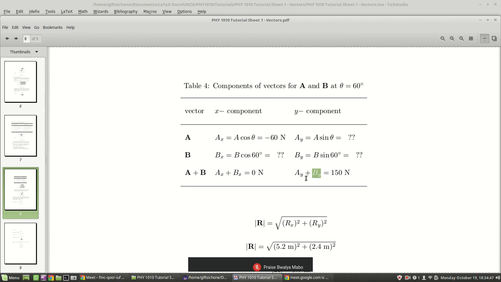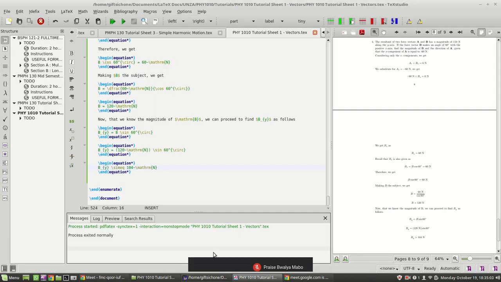Can you see that? Ay plus By is equal to 150. So if you put the By you have found there, then you should be able to find Ay. Are we clear? Okay.